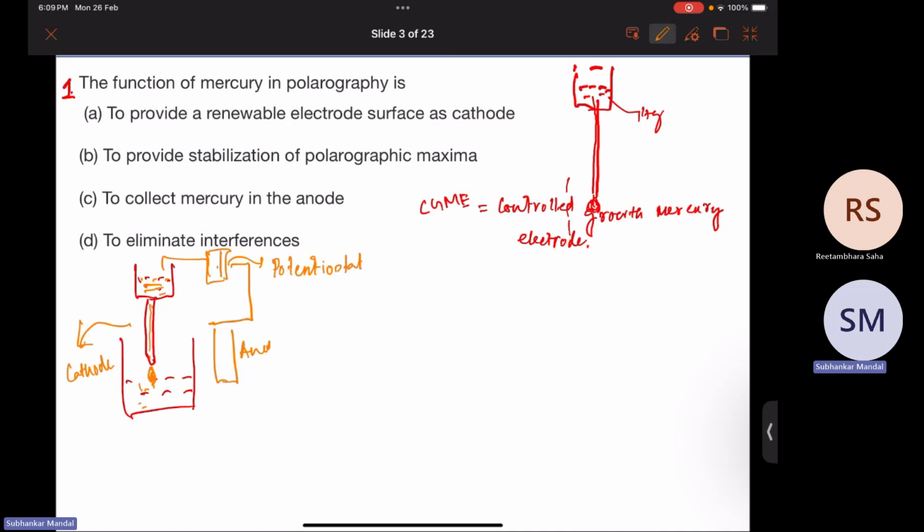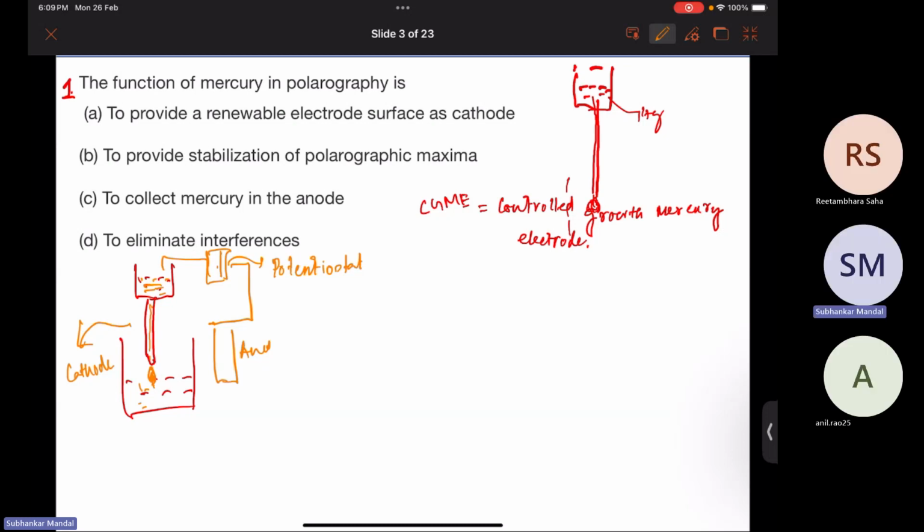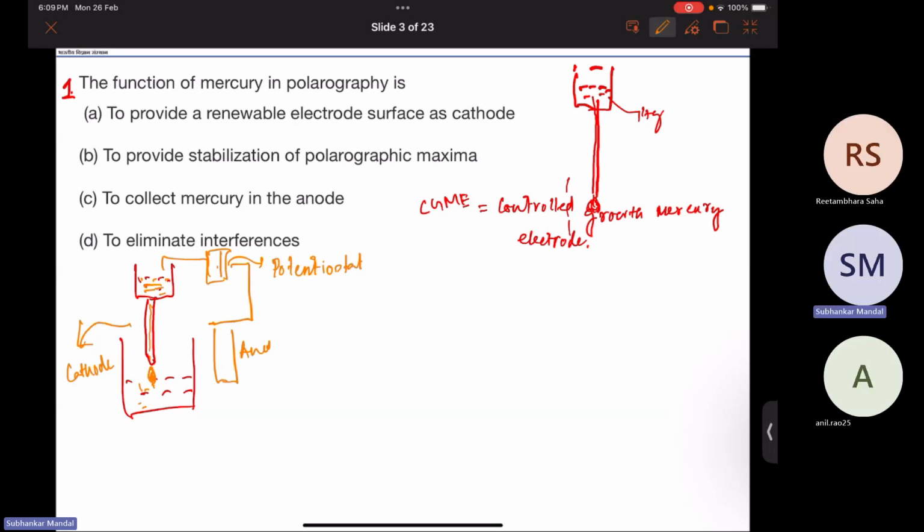So that is there, and we use the mercury electrode because there are some advantages. So what are the advantages we have learned this week, I can write one by one.